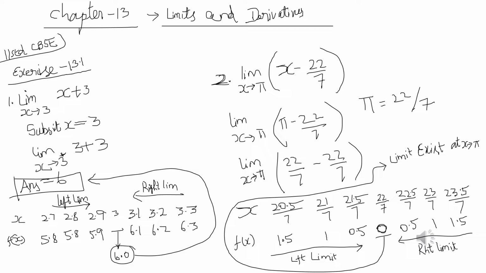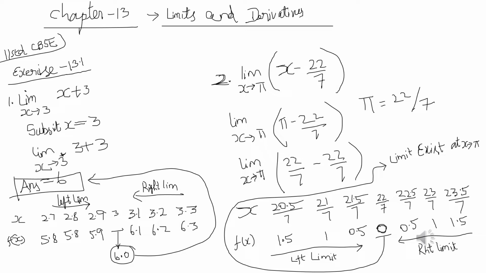When we are substituting the x value, what value are we getting as f of x? f of x is given as x plus 3. You can see the value between 2.9 and 3.1, which falls where x approaches 3. So when x approaches 3, the answer would be 6.